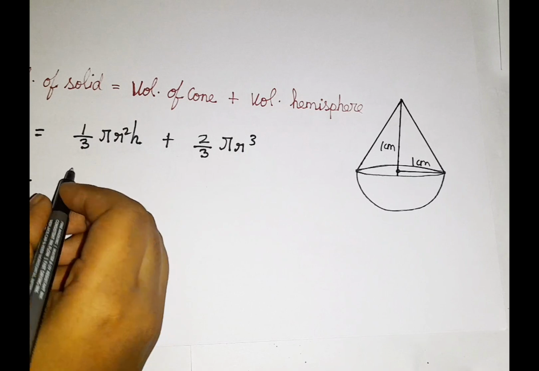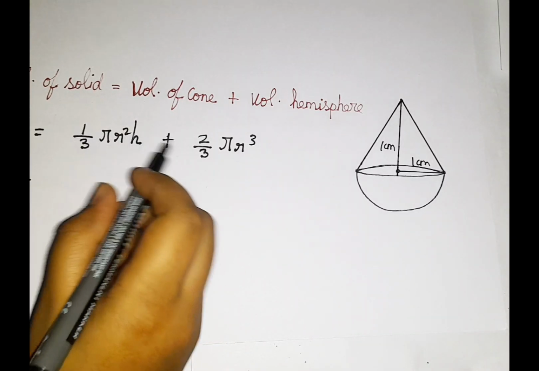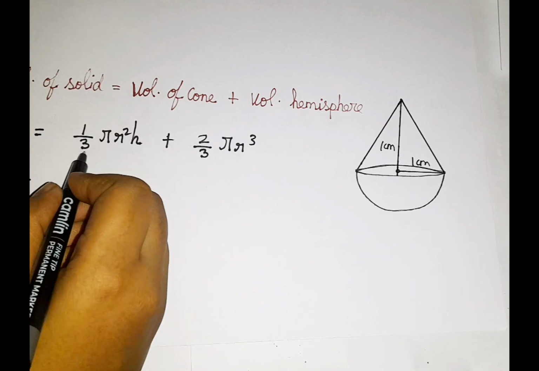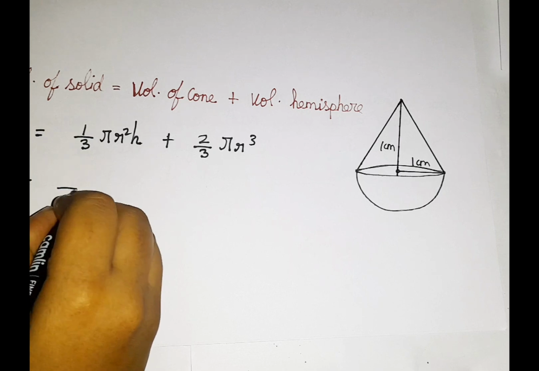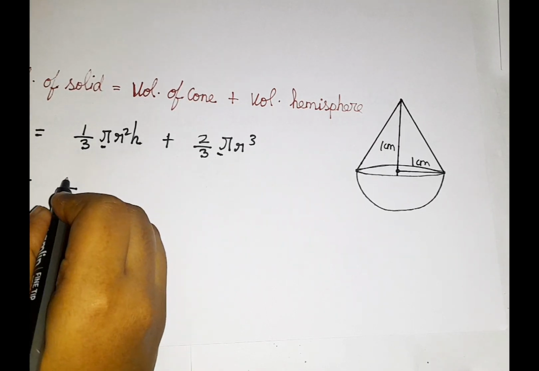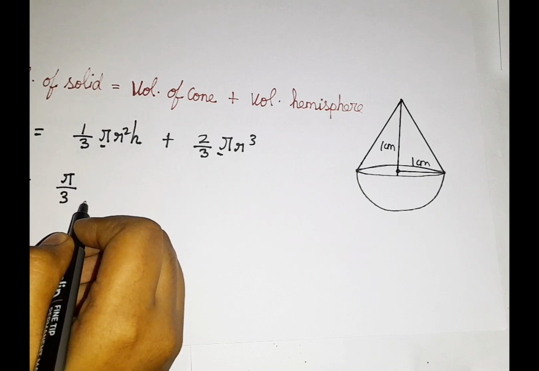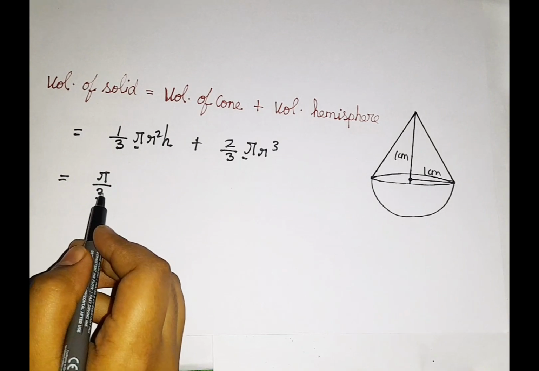Okay, so now we can actually take it as common. If you just see here, we have 1 by 3 and here we have 2 by 3. So we can take 3 as common, and here pi is also common. So we took pi by 3 as common.